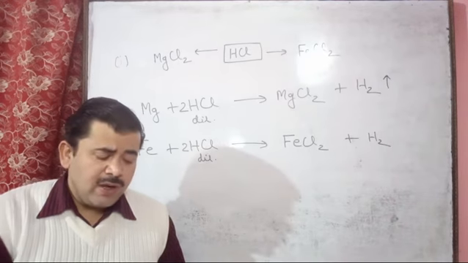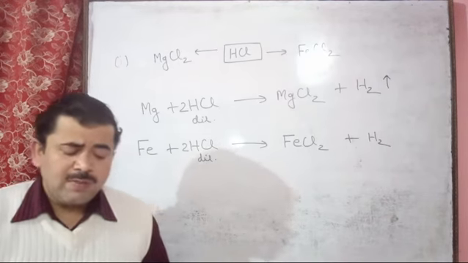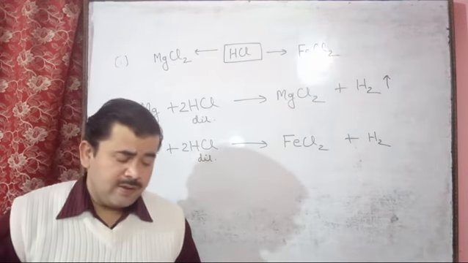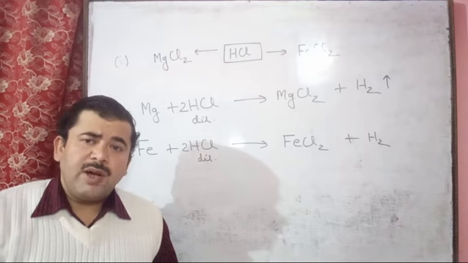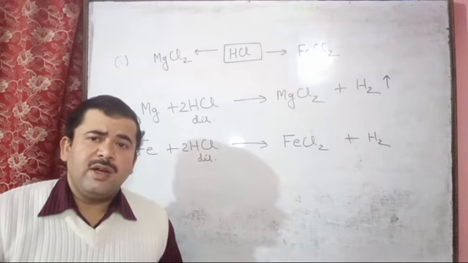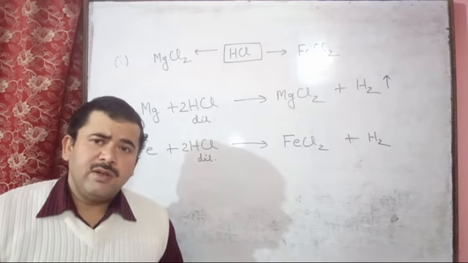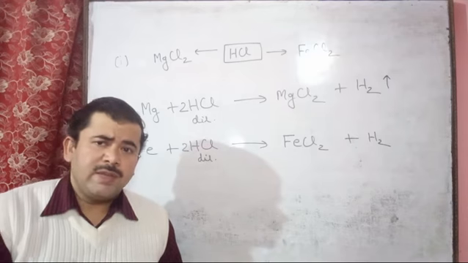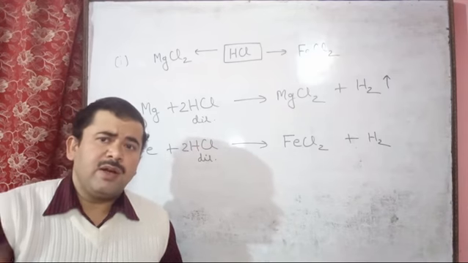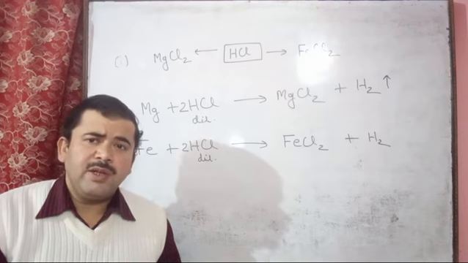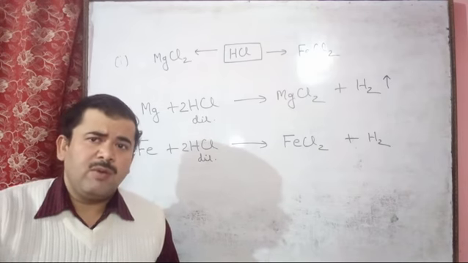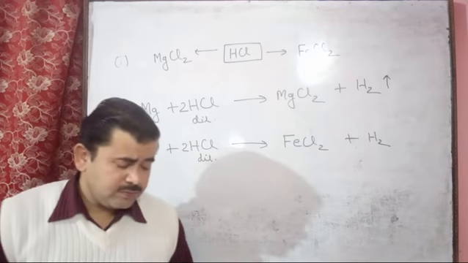So that's why hydrogen is collected by the downward displacement of water and not air, even though it is lighter than air. I also explained this in the laboratory preparation of hydrogen. Above the water, in the empty place, no air is present, so we can collect the hydrogen in the inverted tube above the water surface.